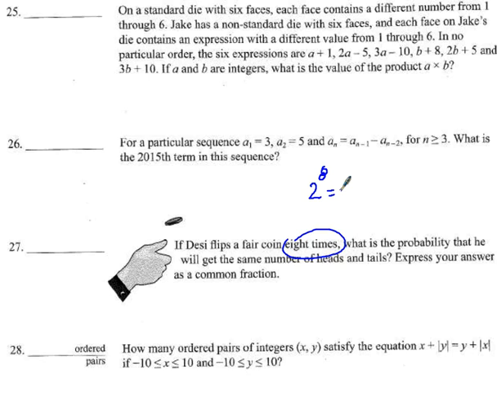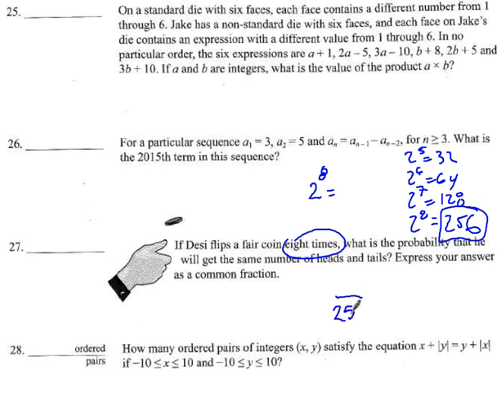So 2 to the 5th is 32, 2 to the 6th is 64, 2 to the 7th is going to be 128, 2 to the 8th is going to be 256. Okay, so I know my denominator is going to be 256, at least before I reduce.